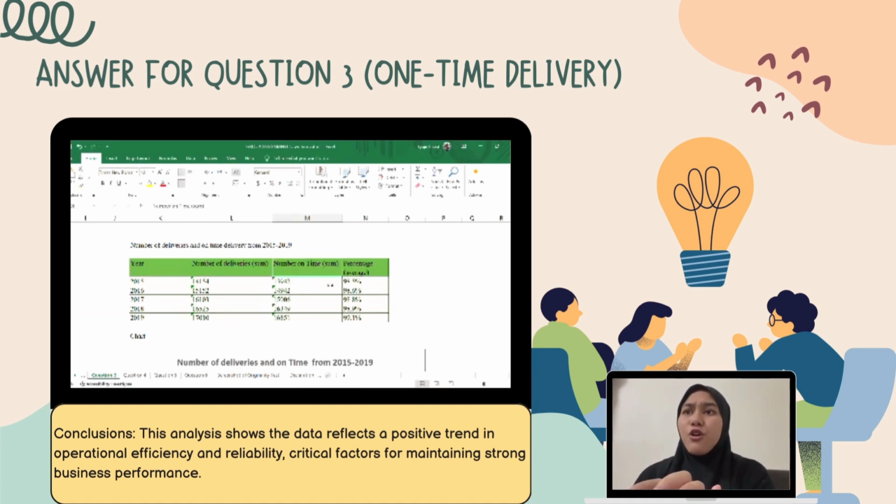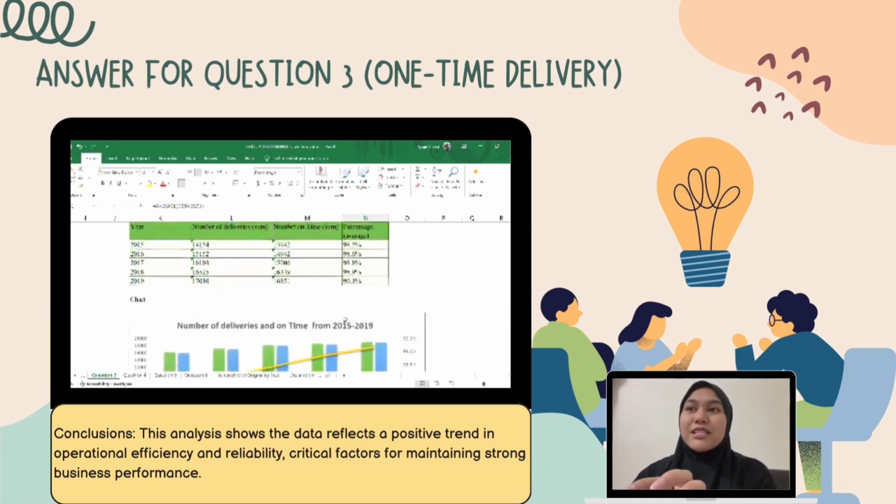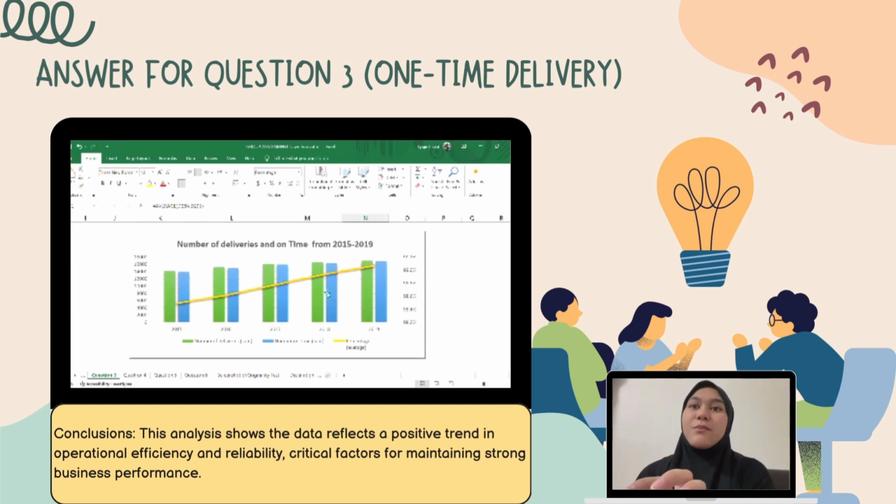Correspondingly, the number of on-time deliveries is also high, from 13,942 to 16,851, resulting in an impressive average on-time delivery percentage that improved from 98.5% to 99.1% over the 5 years. The consistent performance suggests that Loan Innovator has effectively managed its logistics and supply chain processes, and the data reflects a positive trend in operational efficiency and reliability, critical factors for maintaining strong business performance.